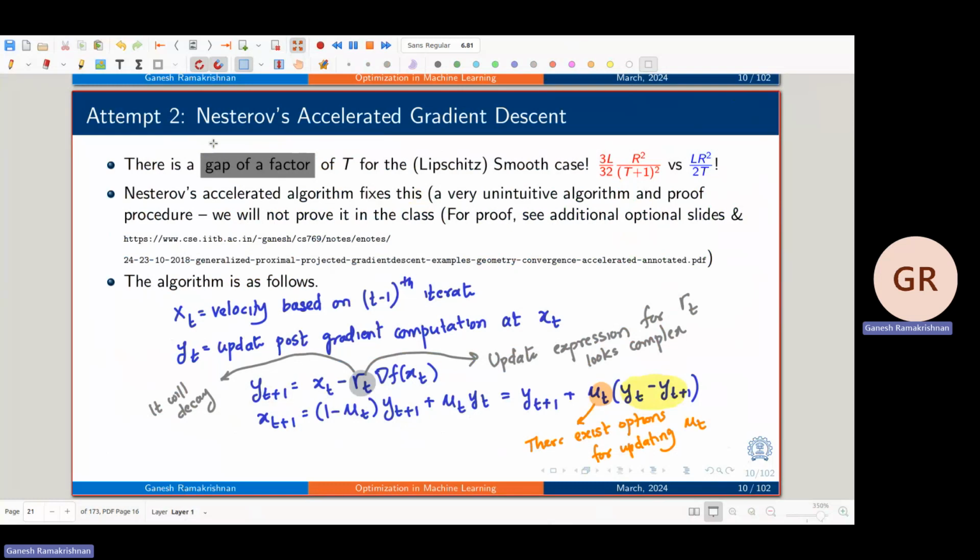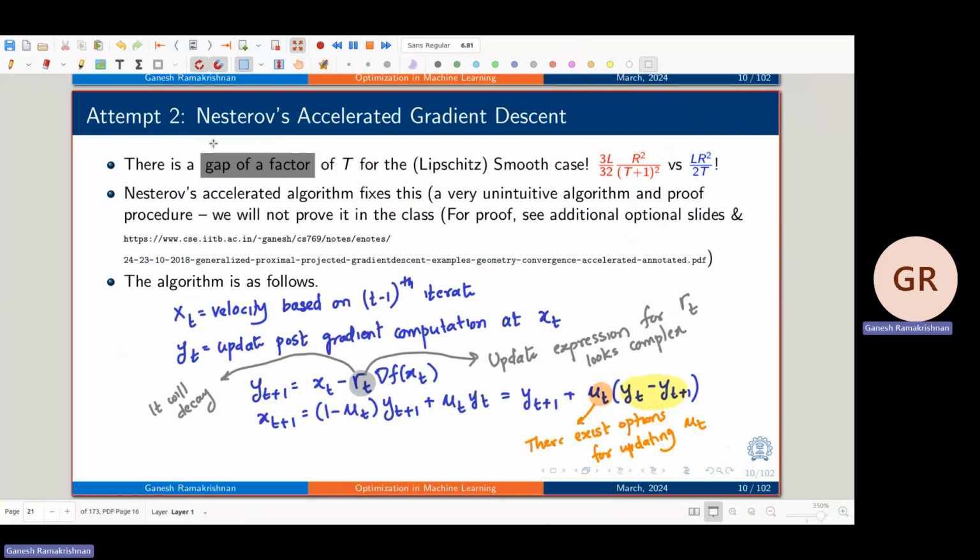Whether you do it at the end or at the beginning is the same. We just simplified it by saying the first thing you do is gradient computation. So think of the gradient at x_t as the gradient after momentum in the previous iterate. x_t has got the momentum already. You understand? This is simple.